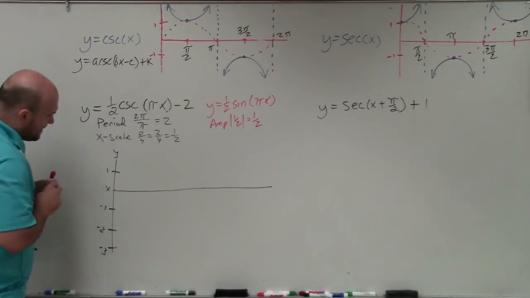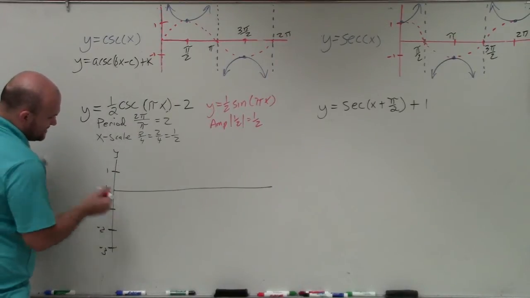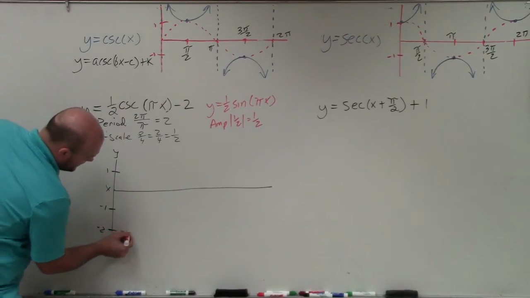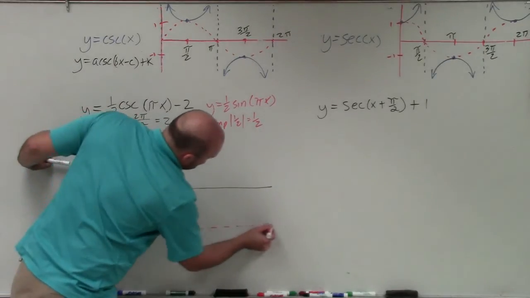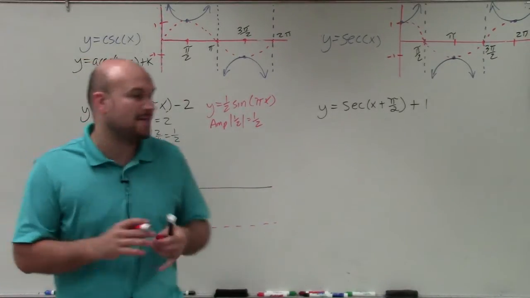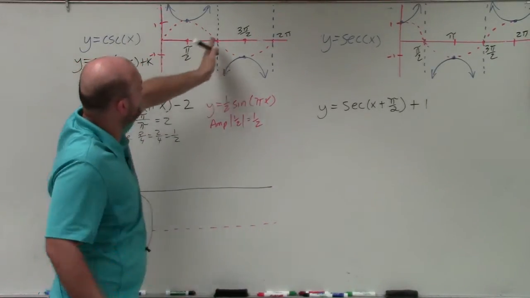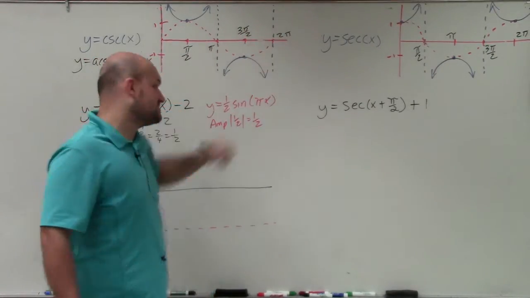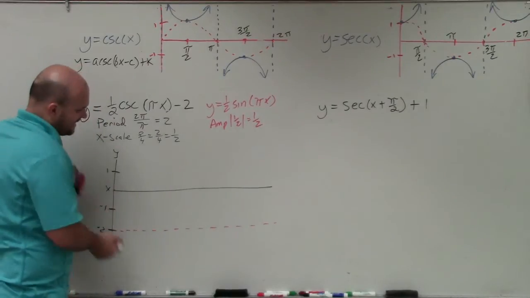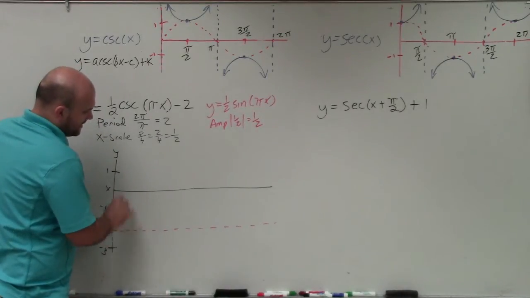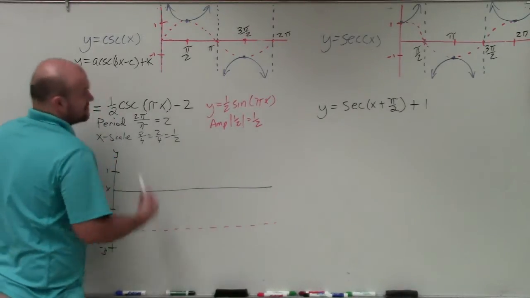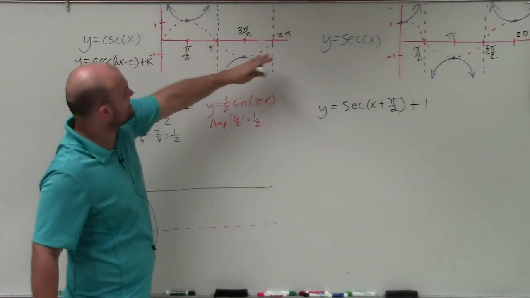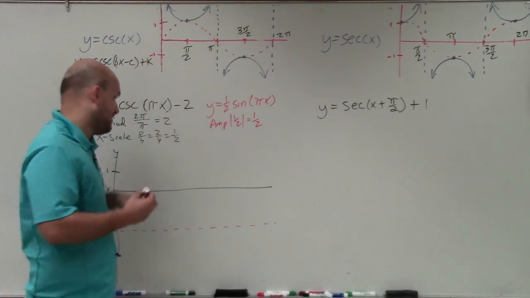Now basically my x-axis is being translated 2 units down. And just like I did with the other functions, I like to graph a dashed line, because it's important to know where the graphs intercept the x-axis. That's helpful when taking the sine graph to be able to graph the cosecant graph.